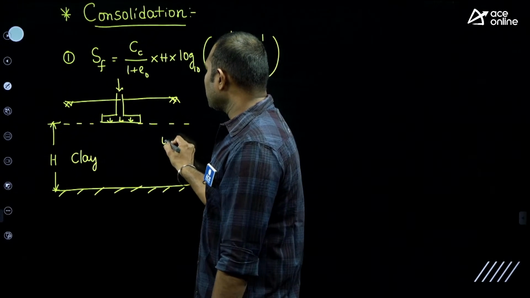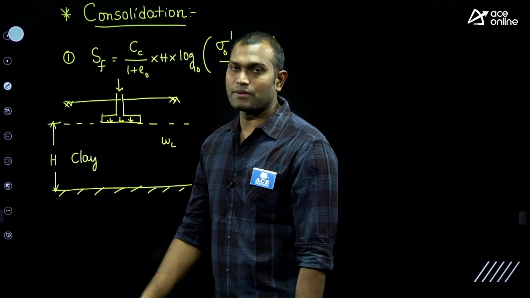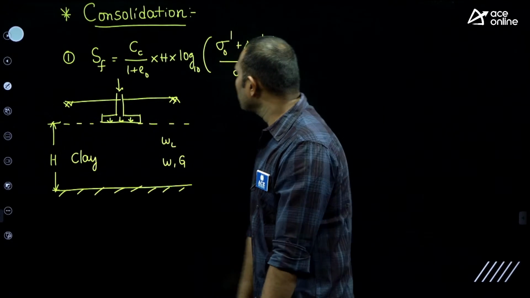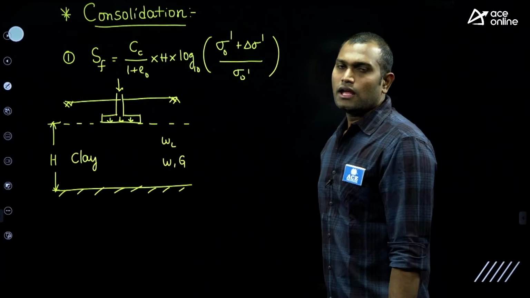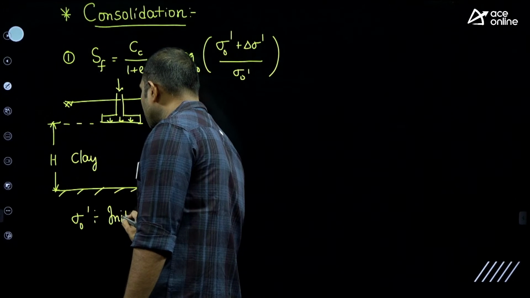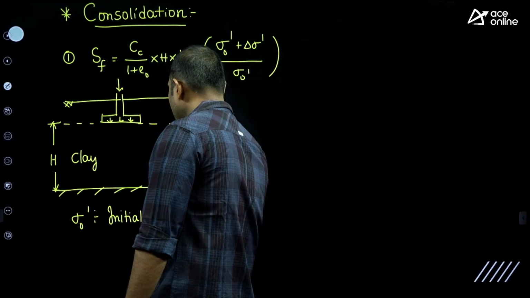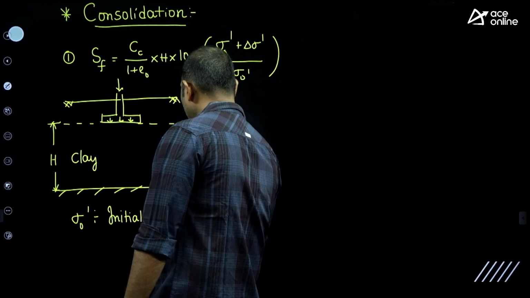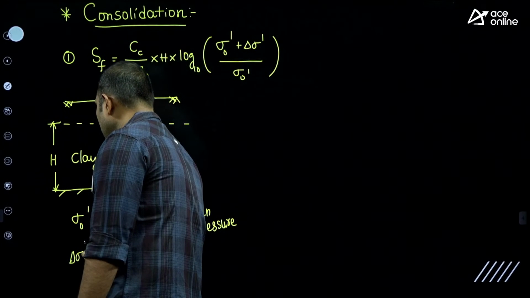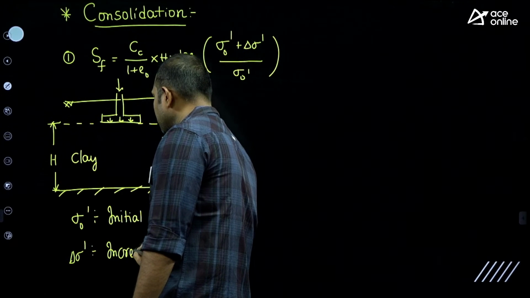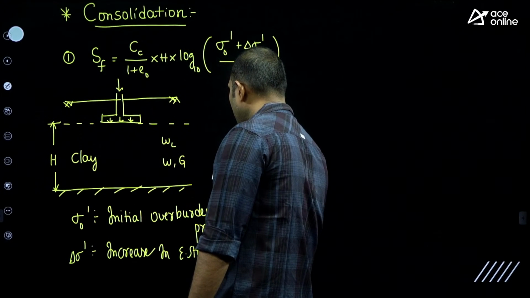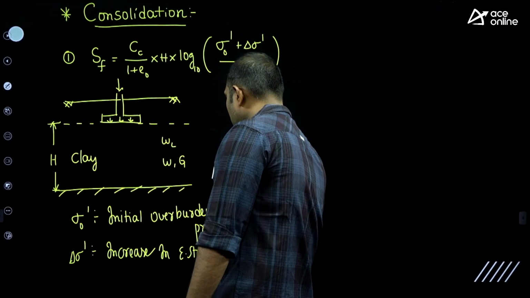And if you know the liquid limit, you can find the Cc, compression index. If you know the water content and specific gravity, you can find the initial void ratio. And you have to find the effective stresses: sigma naught dash, which is the initial overburden pressure with respect to self weight, and delta sigma dash, which is the increase in effective stress due to external load.